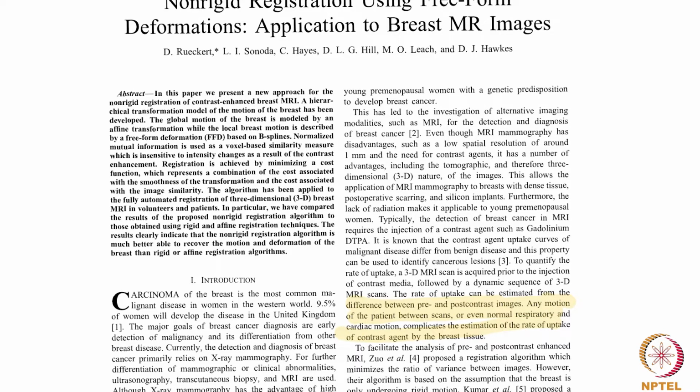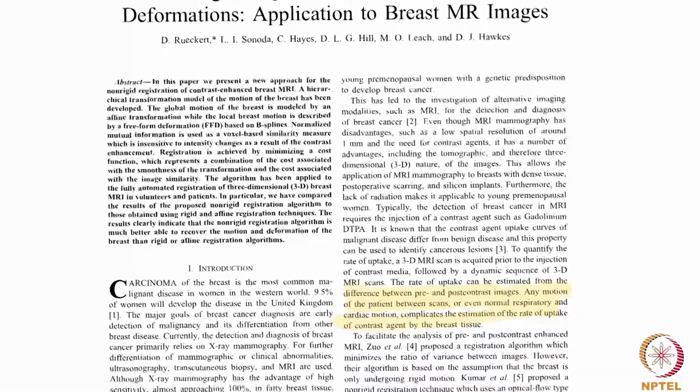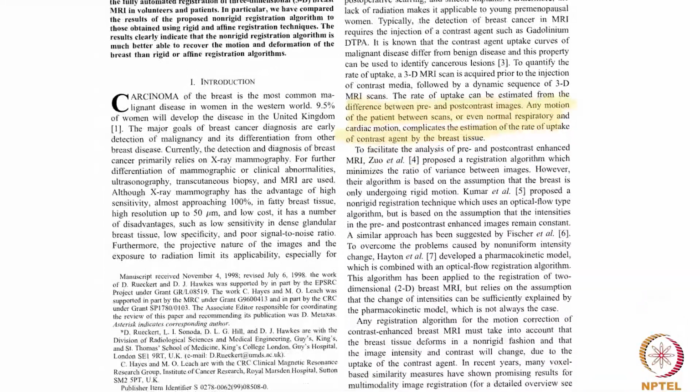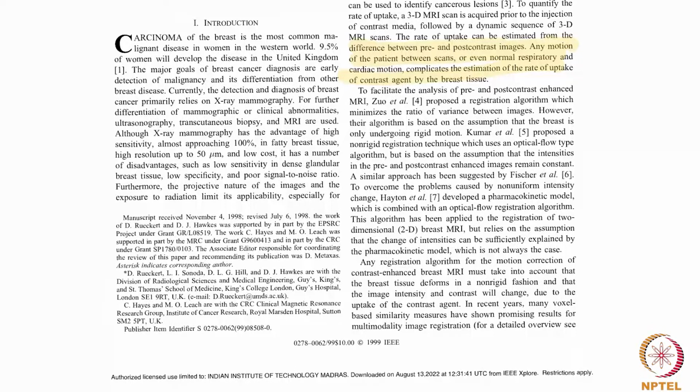Okay, so this causes some problems because you can't align the images as the contrast accumulates in the tissue and you're still imaging. Okay. So this algorithm basically arises in that context, right? So how do we register successive 3D images of the breast taken over time, and it has to be non-rigid registration because most organs are deformable, right?